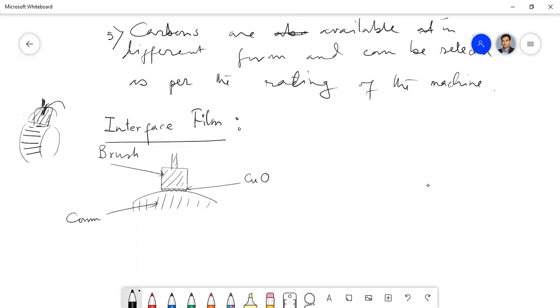So cupric oxide is formed due to the temperature, due to the friction. Now the problem with this cupric oxide is, what is its nature? It is an insulating material. It is not a conductor at all. It is an insulating material.